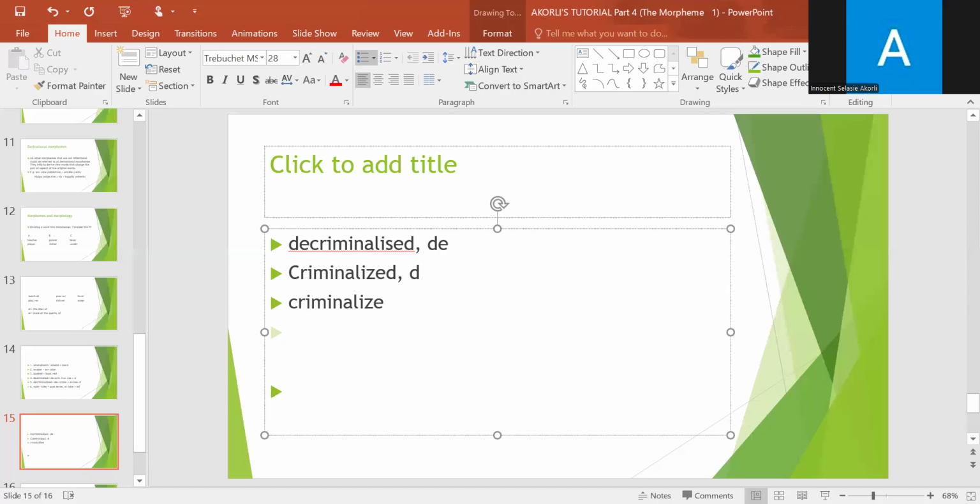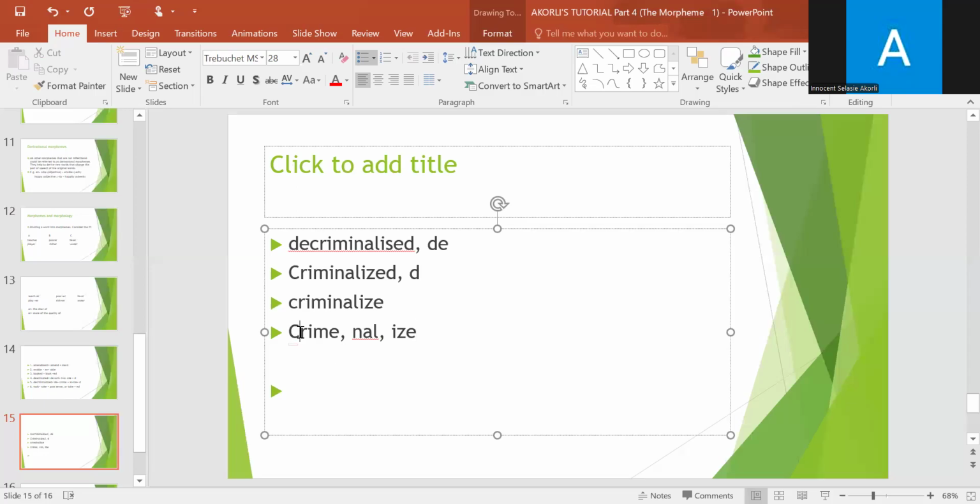So the 3 words are: I can get crime, I can get criminal, and I can get criminalize. So crime. Remember that I can also get criminal, so I must also get AL. And I can also get criminalize, so I must also get IZE.